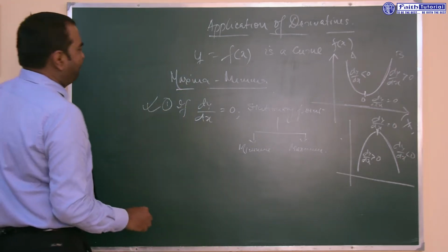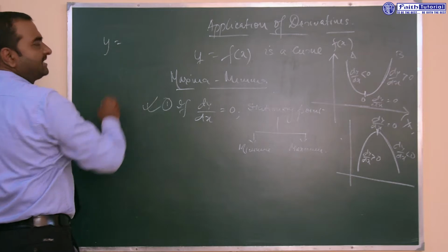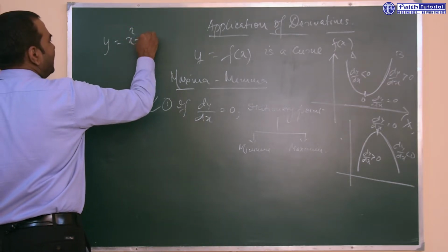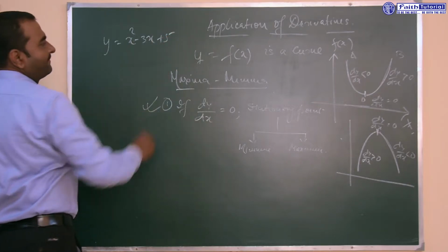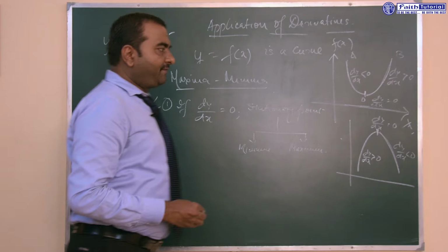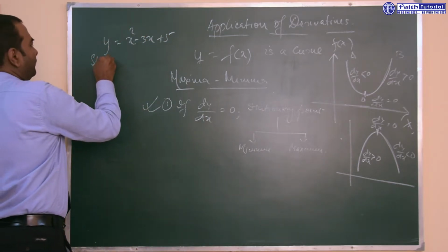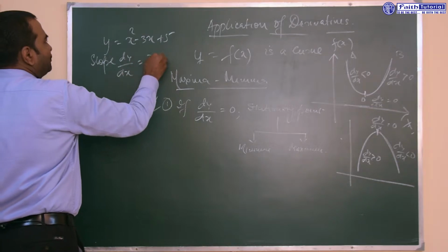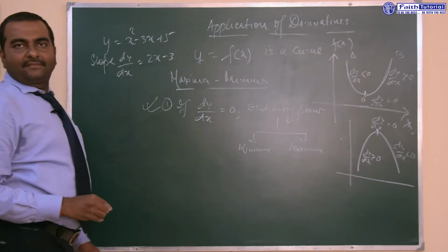So suppose, for example, I have a function y equals x square minus 3x plus 5, given by this particular curve. Now the first thing, the slope, which is dy by dx, is 2x minus 3, correct?